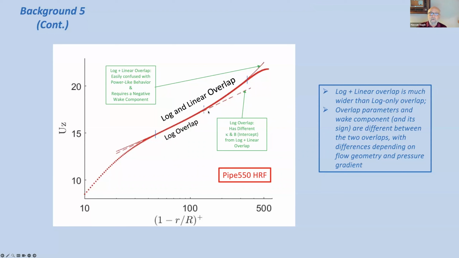The overlap due to the log is this much. When you add the linear term, the overlap goes this far. And guess what? This part of the overlap looks like, pretends to be a power, okay? And it actually has the same thing down here.